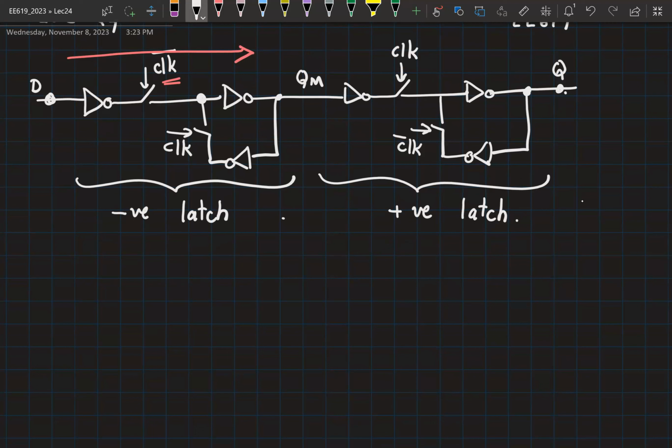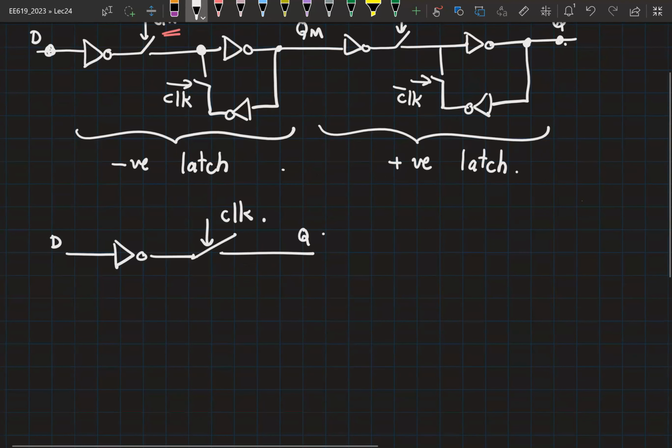So let me give you a circuit, analyze and tell me what is the functionality of the circuit. So I take an inverter, I follow it up with a switch, which is switching based on the clock signal. I'm calling this as my D, this as my Q. Can you tell me what is the functionality of the circuit?